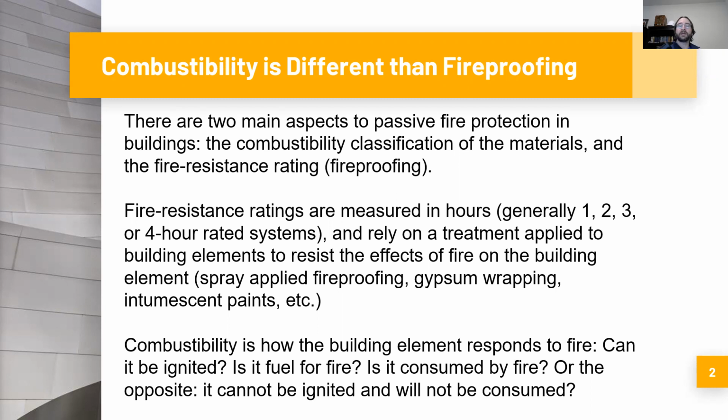How long does the building or the building element in question have to resist fire? And that's where the 1, 2, 3, or 4 hour rated element comes in. And of course, depending on the type of treatment, you can get different ratings.